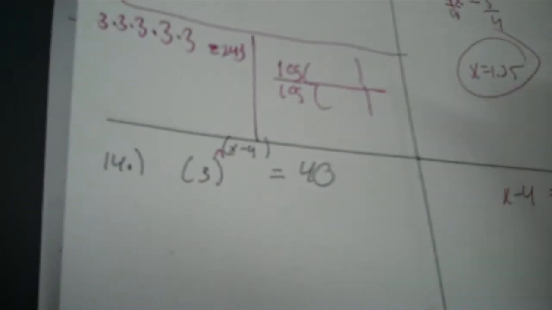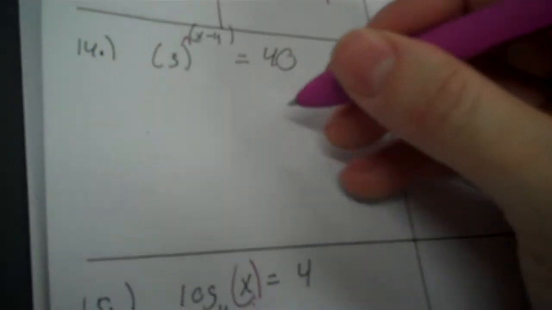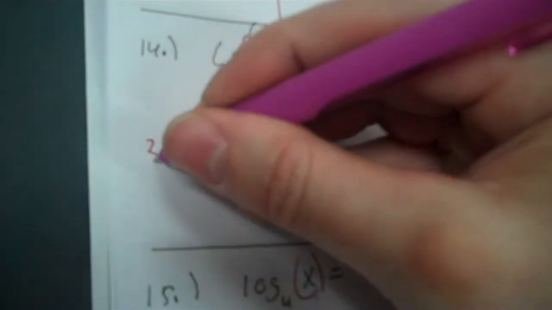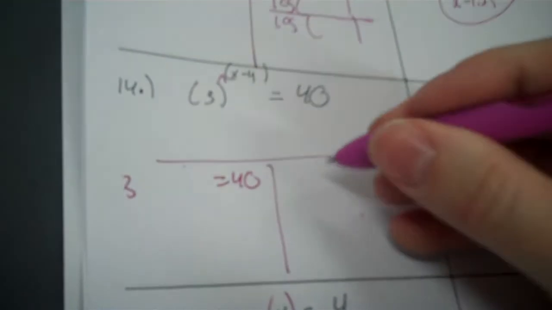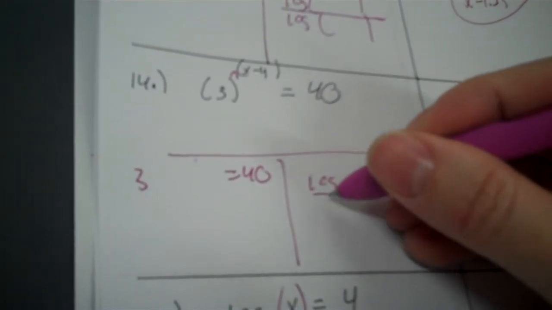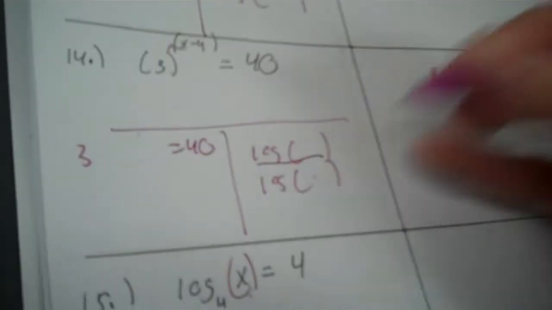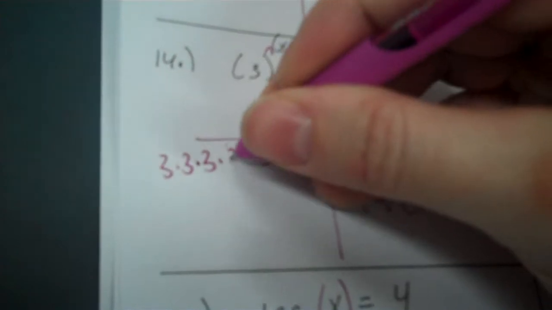Okay, next problem. Now you're solving for x. Problem is x minus 4. Now 3 to the what power is 40? Well, there's two ways you can figure out the power. First, multiply 3's to get to 40. And if that doesn't work, we can use the log over the log. That's 9, 27. I'm over 40.